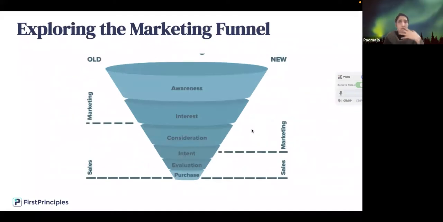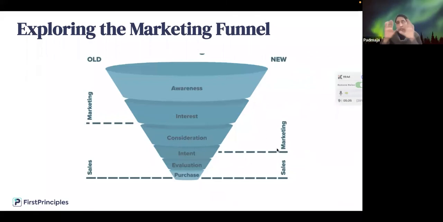And this is another example of how it was previously and how things have evolved now. The role of the marketing side of the funnel used to stop after the interest stage. Once the middle of the funnel came in, then the sales part used to kick in. Now, till the intent stage, till you sign up for the demo, the marketing piece of it kicks in.